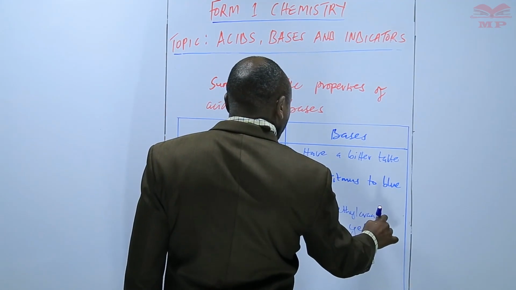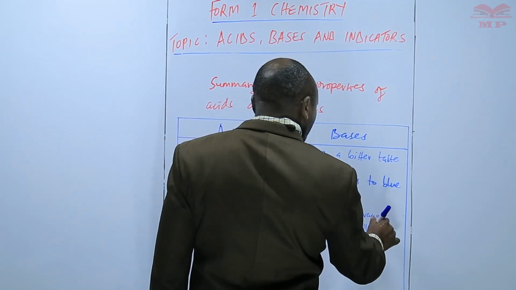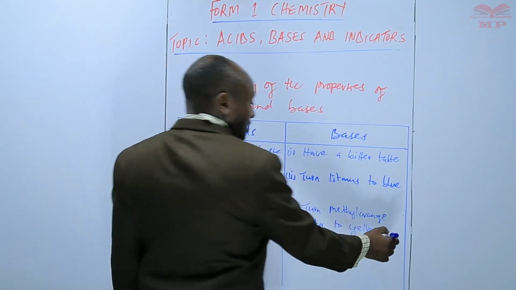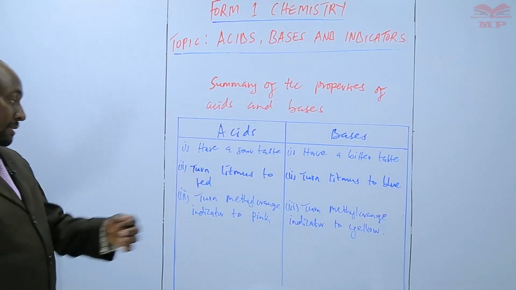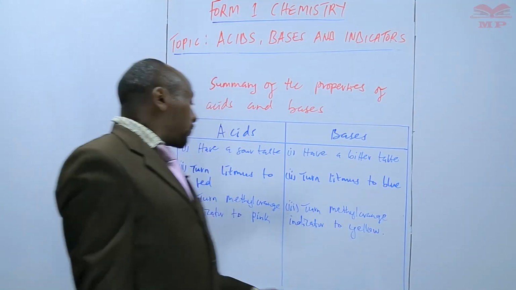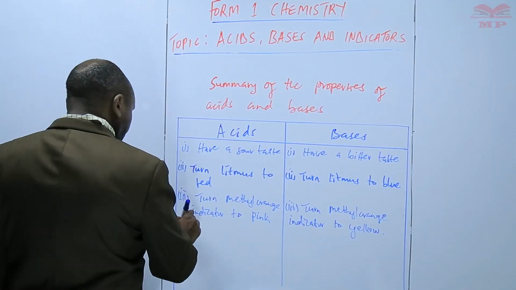So remember we say that different solutions have different effects on the color of indicators. The bases turn methyl orange indicator to yellow, while acids turn methyl orange indicator to pink.